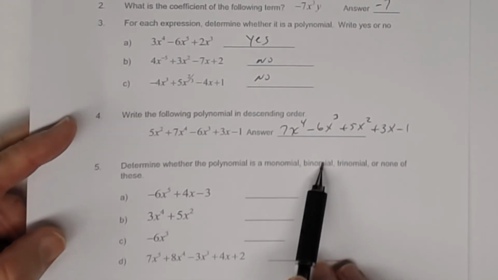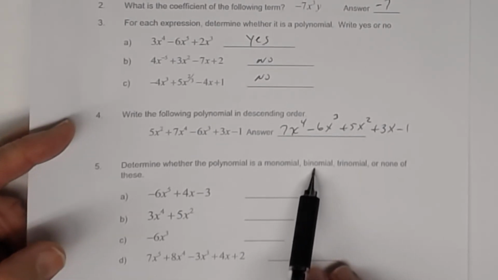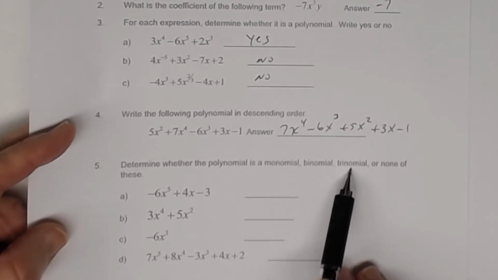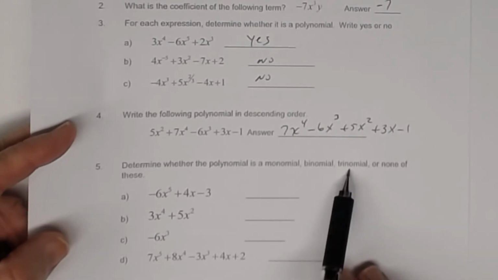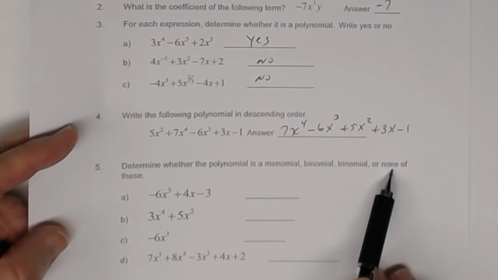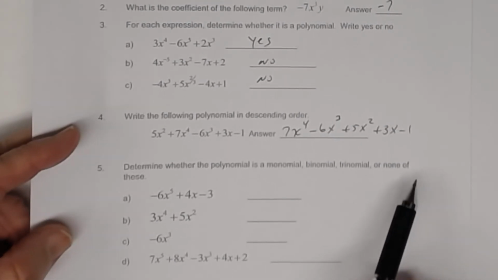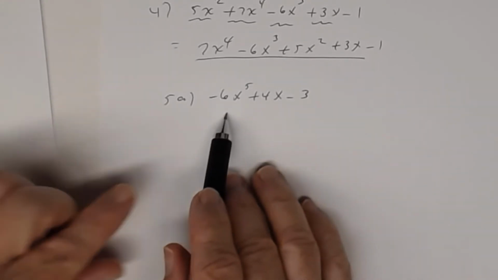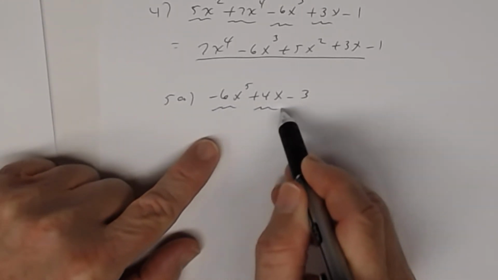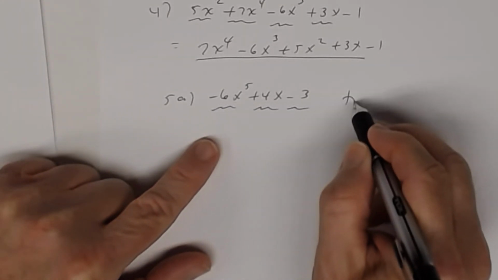So a binomial is a polynomial with two terms, two monomial factors, right? Two monomials. And then a trinomial, 3 terms, or 3 monomials, and then none of these would be 4 or more. Okay? So if you look at 5a, you have 1, 2, 3. You have 3 terms, so this is a trinomial.